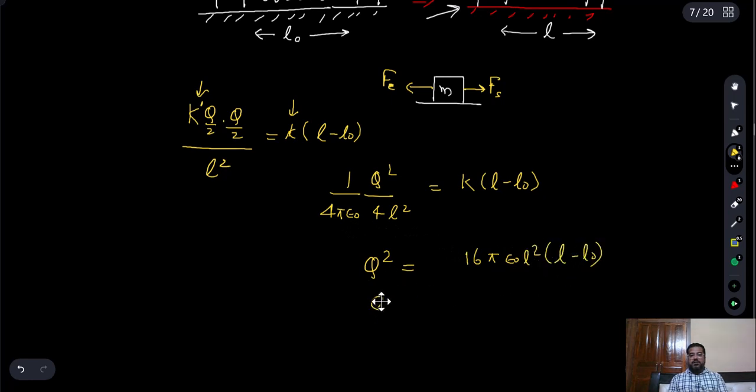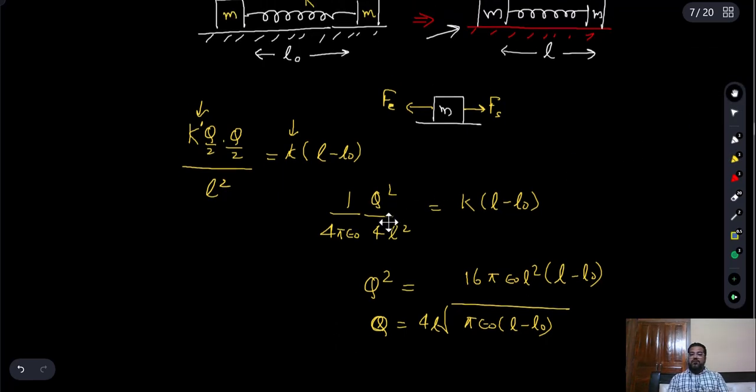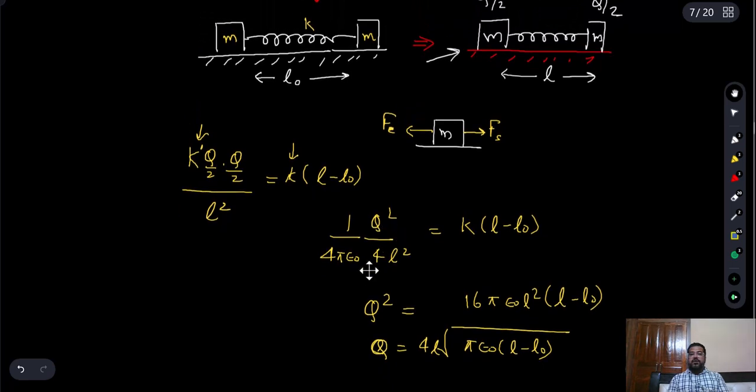Or better to write, q equals the root of this; the 4 will come out as 4, and in fact this L will also come out, giving 4L times the root of pi epsilon naught k' (L minus L naught). So this is the value of Q at equilibrium. If you apply the condition of equilibrium, you will get this value of Q.